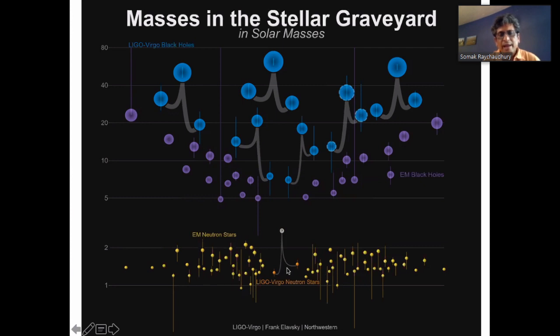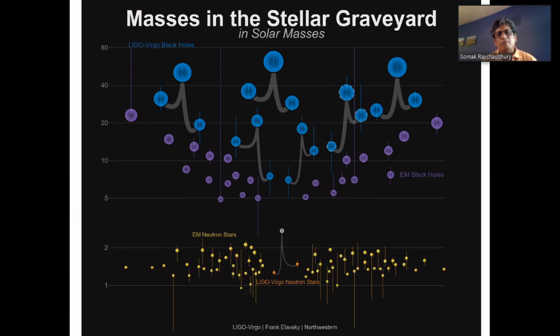Here is an example of 2 neutron stars merging to form a compact object that has come from LIGO. And the yellow ones are all neutron stars that have been found from X-ray observations, like the ones from Chandra I showed you. And the qualitative nature just of the distribution of mass itself shows that we are learning completely new physics.